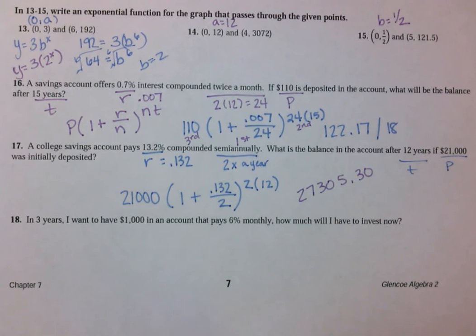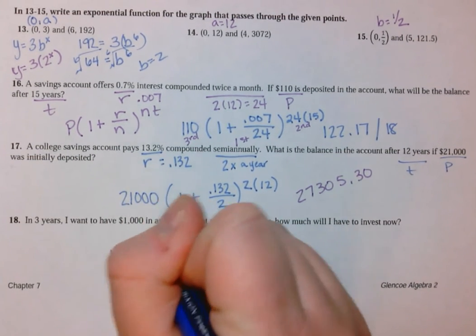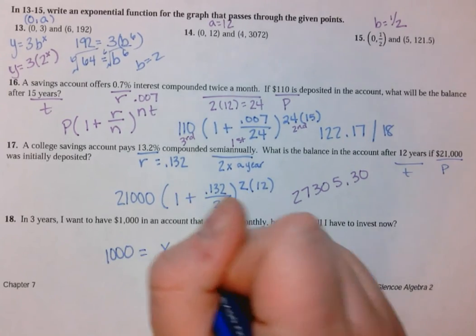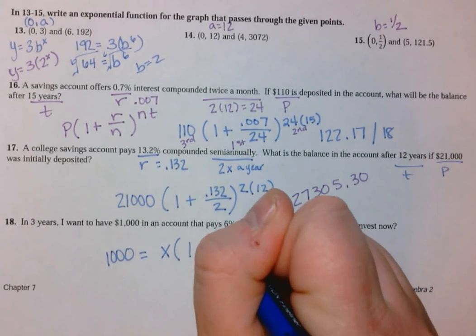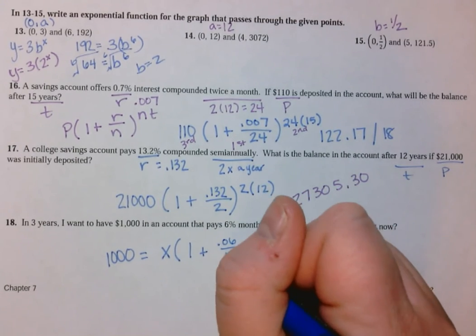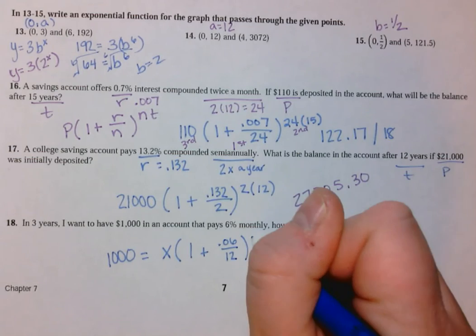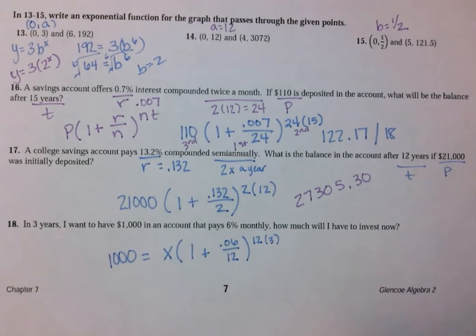In 3 years, I want to have a $1,000 account and pay 6% monthly. How much will I have to invest now? This is working backwards. So 1,000 equals X times 1 plus 0.06, and they're going to do it monthly. So that's 12 times in a year. 12, and then we'll do 3 years.